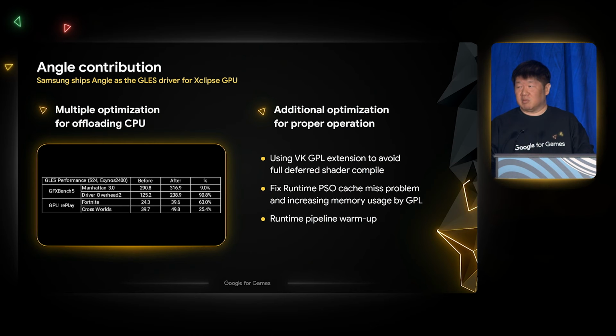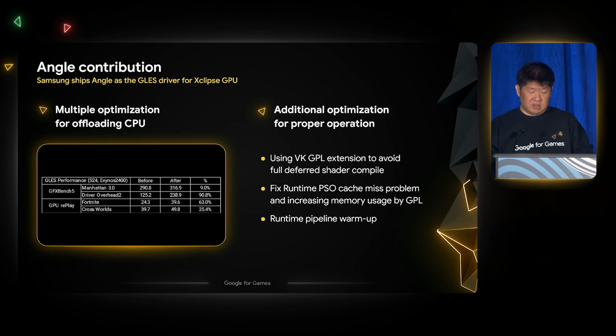Vulkan doesn't support an explicit compile API. We do compile and create the pipeline, but there's no way to compile a shader on its own in Vulkan. But in GLES, you have independent APIs to compile a shader and link a program. So to support shader compilation in GLES on the Vulkan backend, we need some additional work to reduce the gap from those conceptual differences.